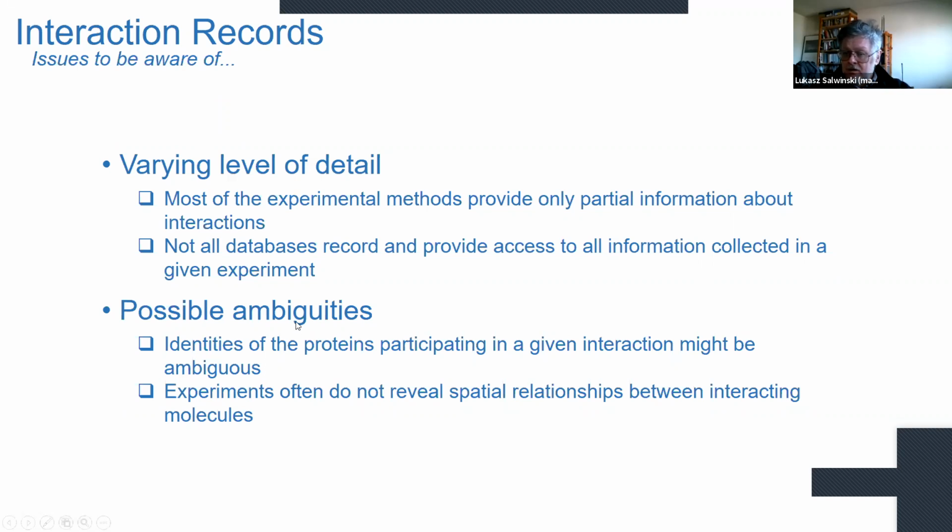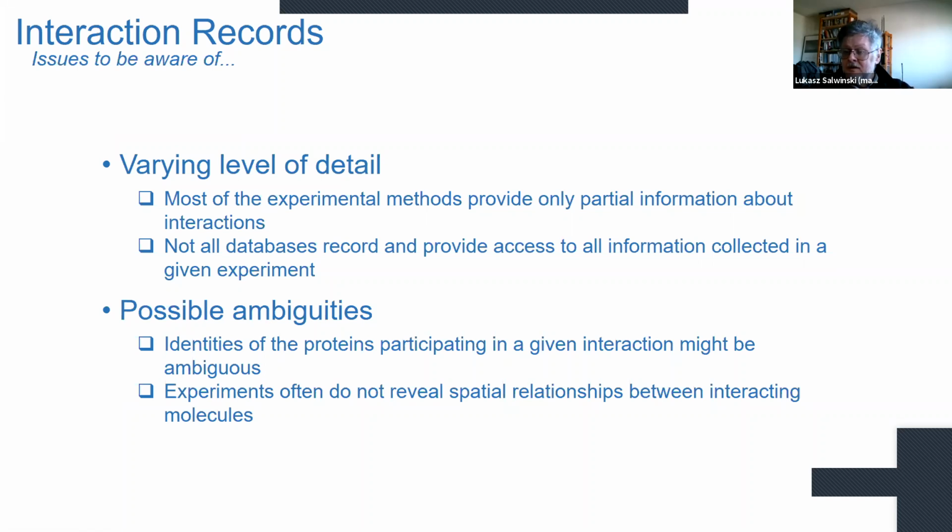The second thing to be aware of is that in some cases the information coming from experiments is ambiguous, and that's why some of the fields in the records might have very detailed meaning, but some of the information might be more blurry.